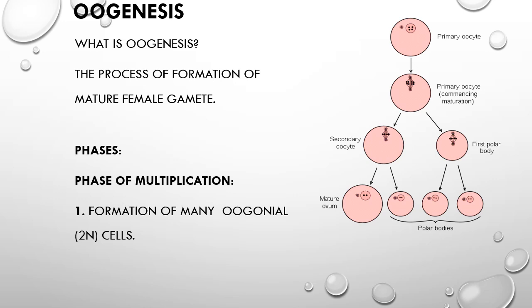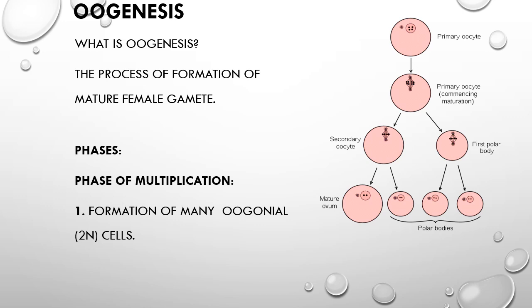During the process of oogenesis, a single egg is produced. A single ovum is produced during oogenesis. Oogenesis involves the production of the egg from the ovary.